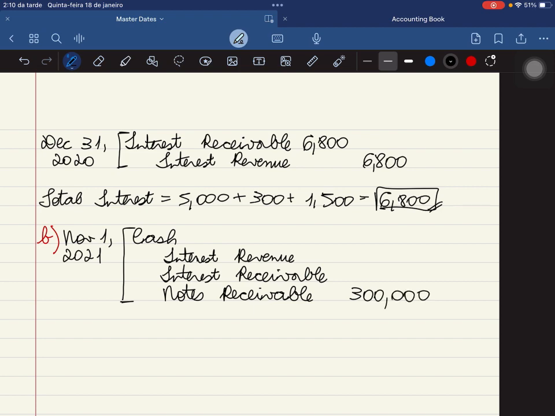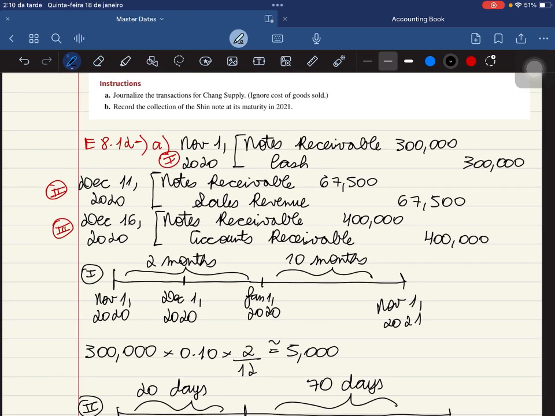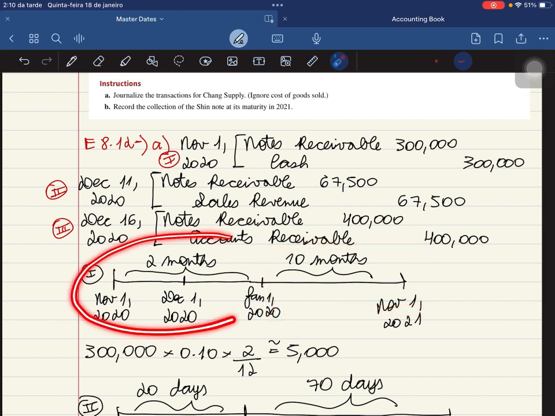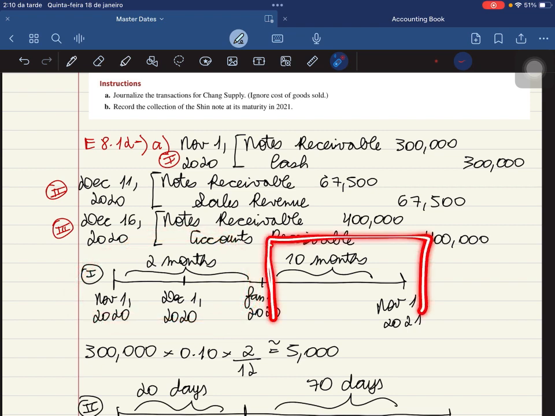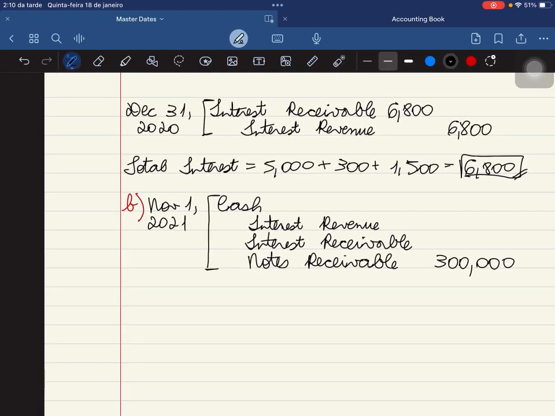Okay, the revenue, if you take a look here, we're doing this one over here. How much revenue am I going to generate in the next 10 months? Because for this one, we already accrued, right? We already have an entry that accrued the value for these 2 months. So I want to know how much more revenue am I going to make in these 10 months? This I have to calculate.